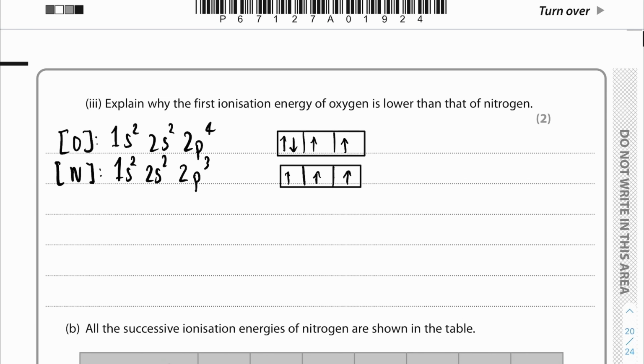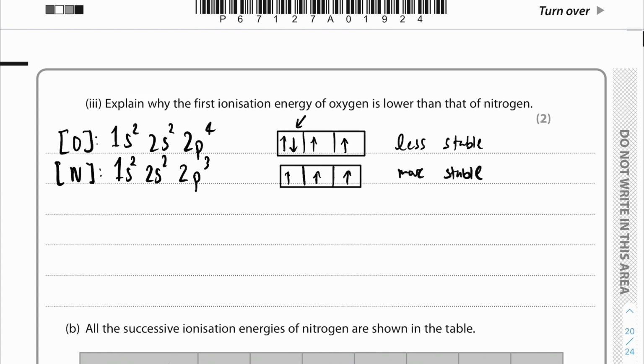So what can we say? We can say that oxygen is less stable, because it has one more electron, and it's spinning in the opposite direction. But nitrogen is more stable.